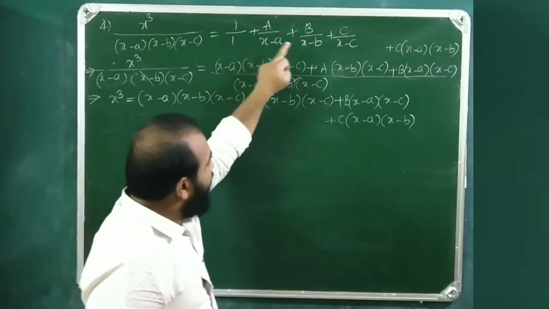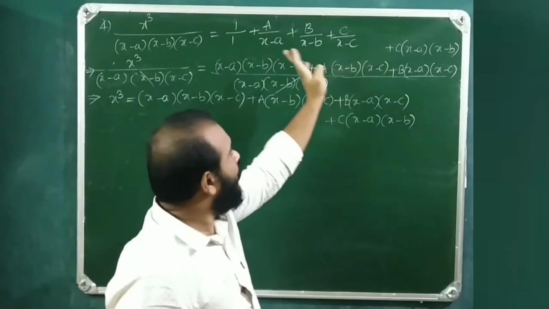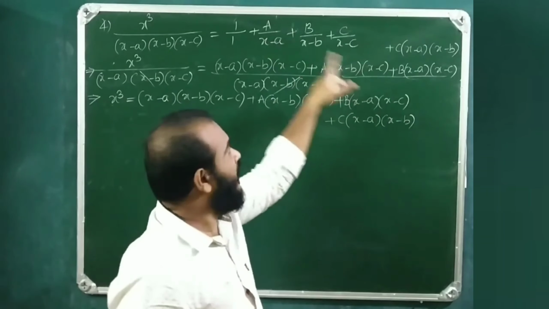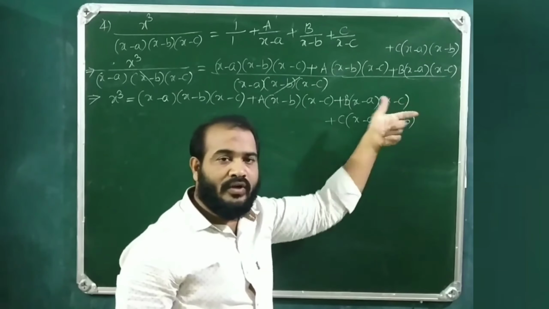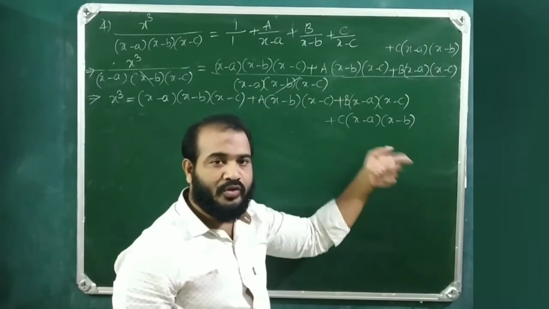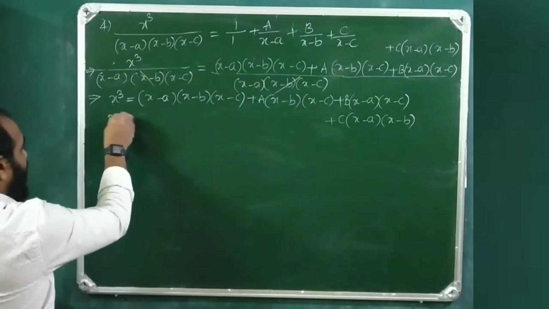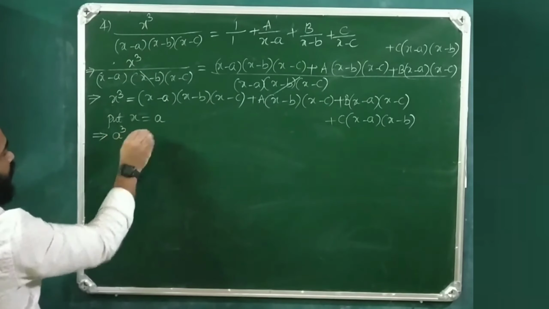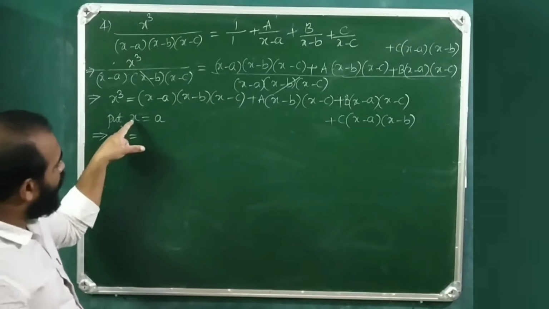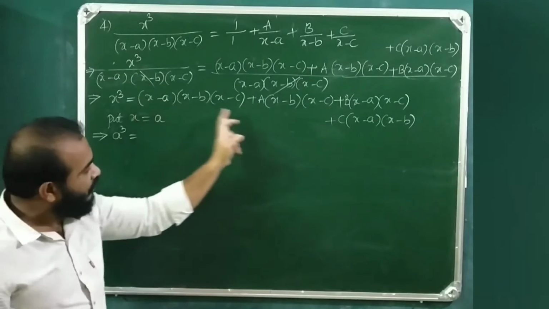So x minus a, x minus b, x minus c are the 3 factors. So equate them to 0: x equals a, x equals b, x equals c are the values to be substituted for x. So put x equals a. So a cube is equal to, on substitution of x equals a in this, a minus a is 0, 0 into something is 0.